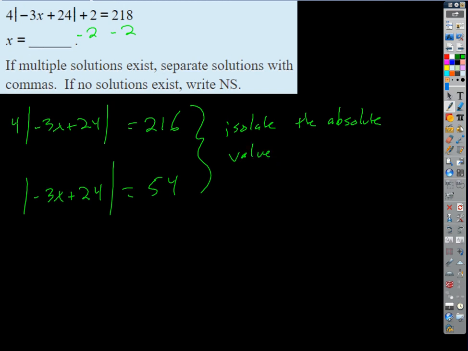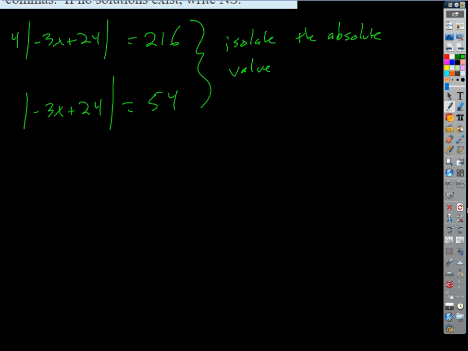Then what? Once we isolate the absolute value, what's my trick? If I have the absolute value of something, call it U, equal to 54, remember, I can't do anything else. If I don't make a change here, I've got these absolute value bars. I can't do algebra with absolute value bars. It's really hard to do, right? So we're going to make our trade. We've got to get rid of the absolute value bars.